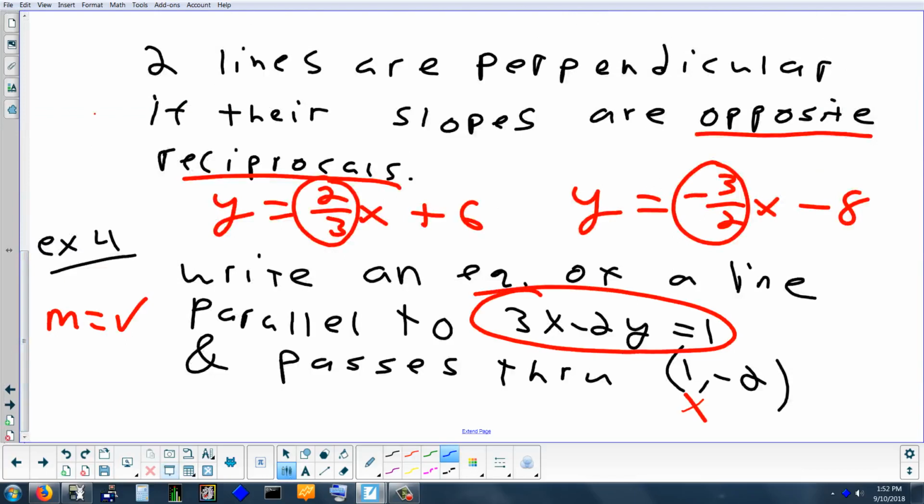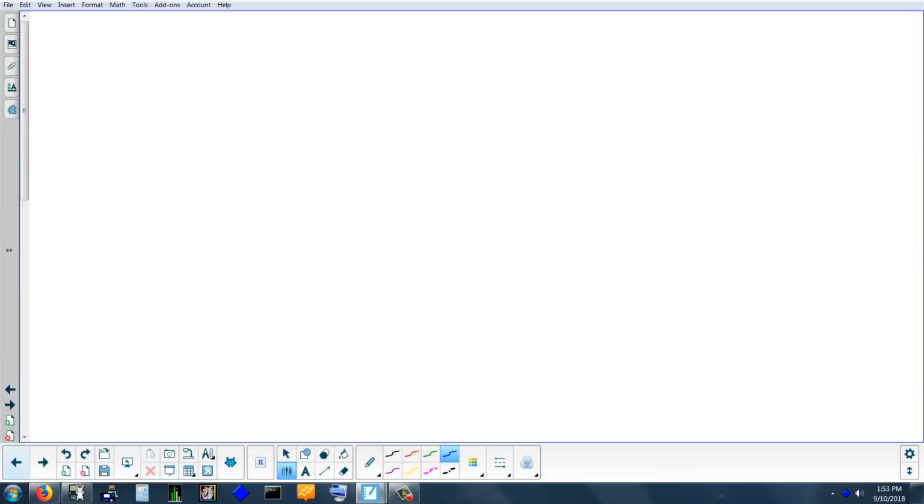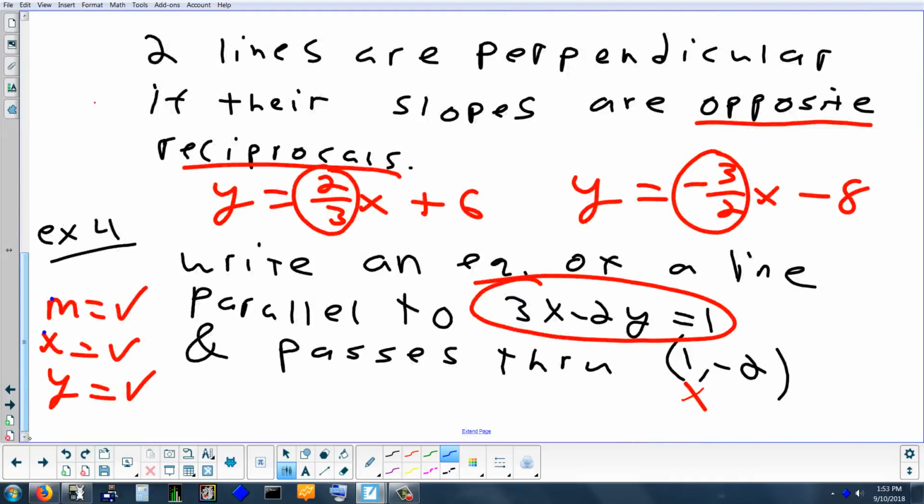I've got an x right there, and I've got a y, negative 2. I have m, x, and y. The only thing I don't have is what letter? B. B is the only thing I don't have. So I just plug those into y equals mx plus b and find b.